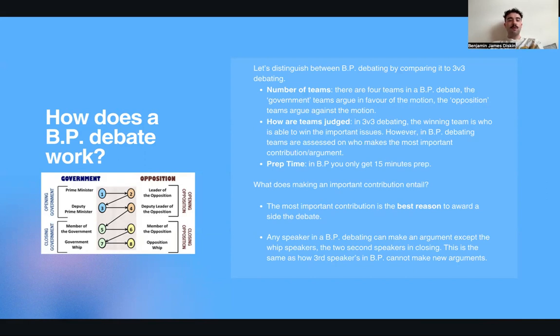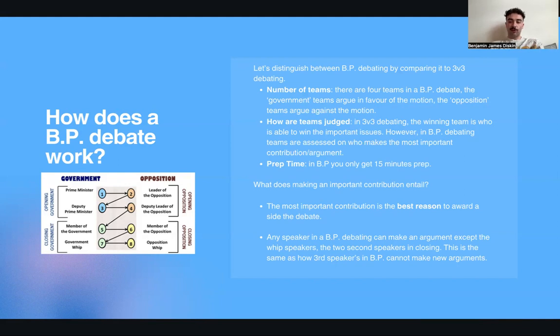So you might, as opening government, try to provide arguments that are the best arguments for why you should agree with this policy. And so if opening government was going to beat opening opposition and closing government, they would have to defeat the arguments coming from the opposition teams, but they would also have to provide a better justification for the motion than closing government.